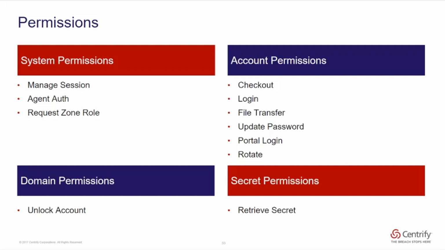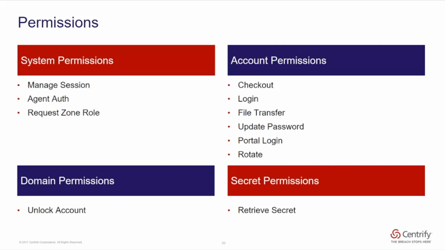Now what's key between these two permissions, login and checkout, is that with login, the end user will never see the password. On the checkout option, the user does see the password. So it's important to know that though the user does have login access, we do not know the password, and thus without the correct permissions, the user will not be able to log in.